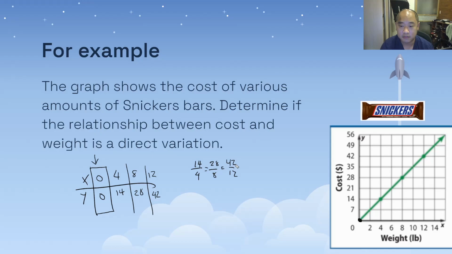Because these are all the same value, so for example here, 7 over 2, that is what makes this a direct variation. So yes, this is a direct variation, because if you write the different points along the graph, they all equal each other, with the exception of the 0, 0, because it passes through 0, 0. Okay.